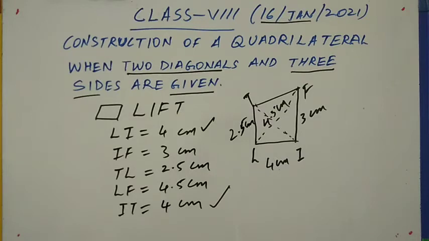So, we need to construct this quadrilateral LIFT when 3 sides and 2 diagonals are given.